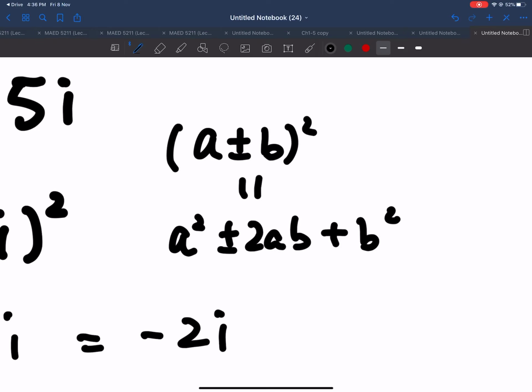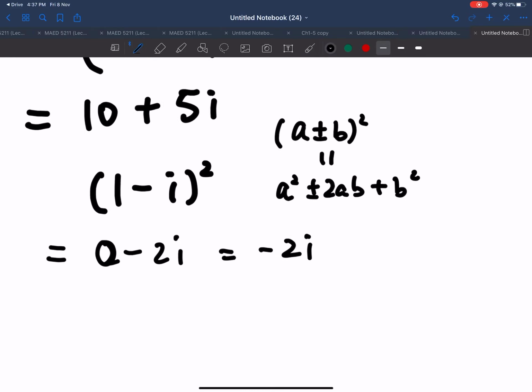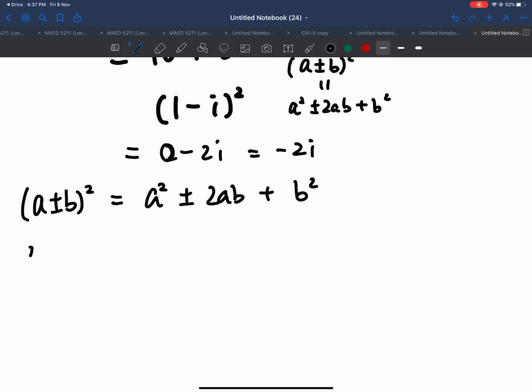In terms of algebra, you need to remember these formulas. Difference of squares. How do you simplify this one?